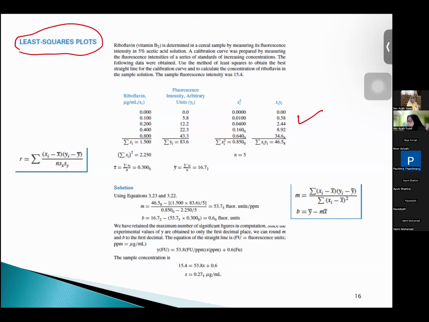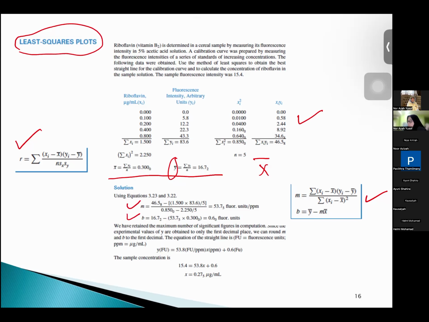These are the data and this is the formula to calculate slope, which is M, and to calculate intercept, which is B. There is a bit of calculation to be done because you have to find the X bar and the summation. All this can be done, and you can also calculate R from this data.